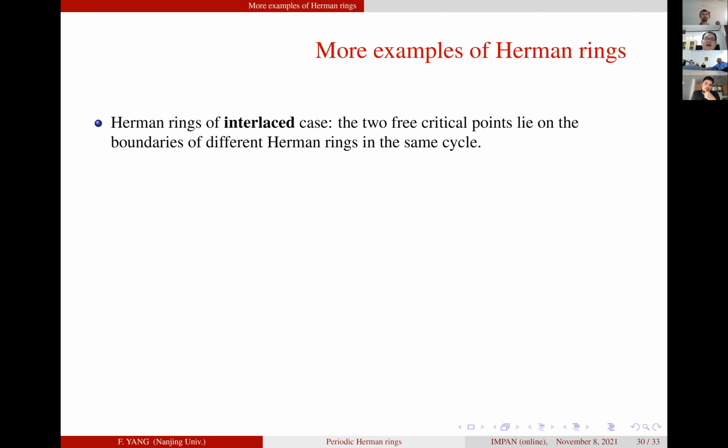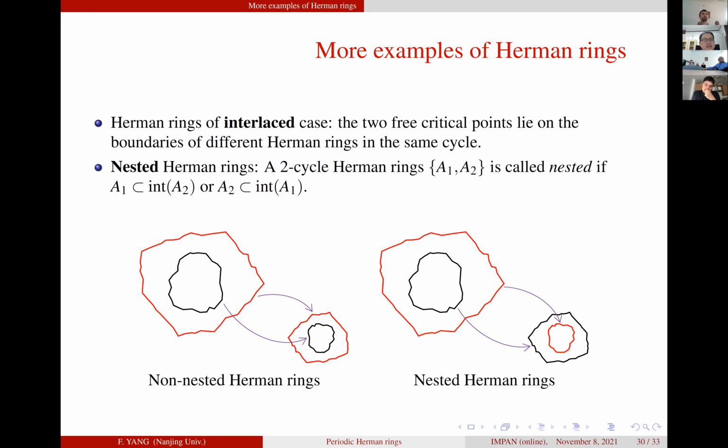But actually, one can construct Herman rings such that the boundary of one Herman ring has only one critical point. This is called the internest case.